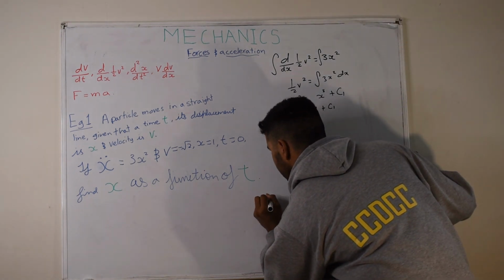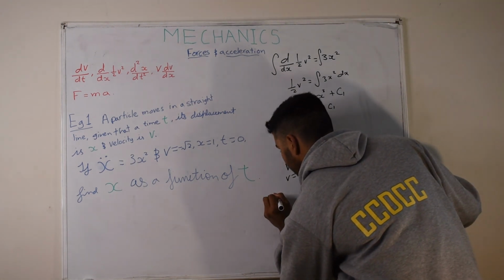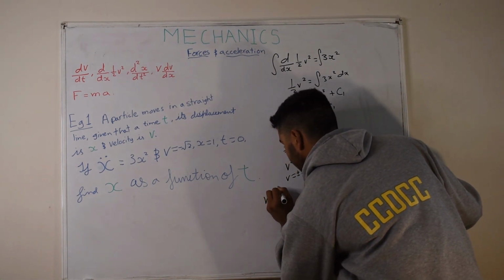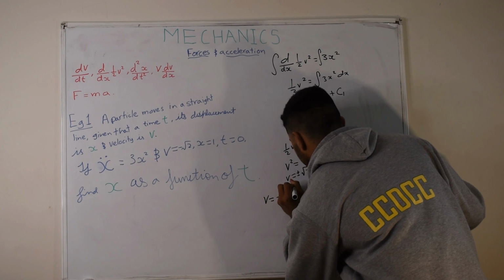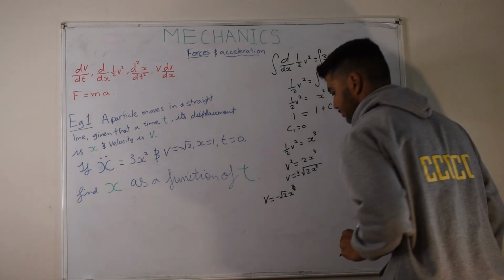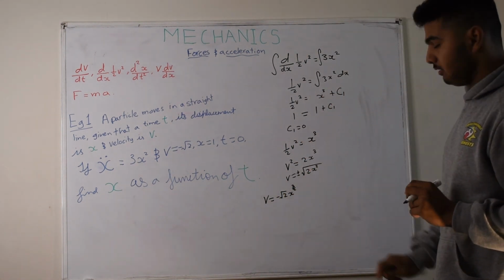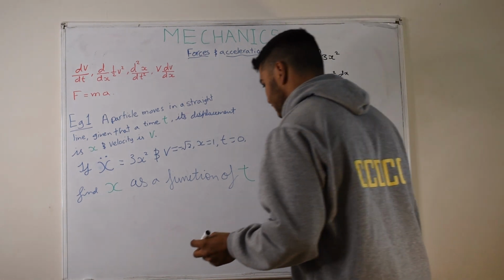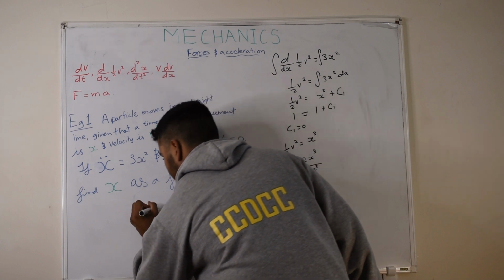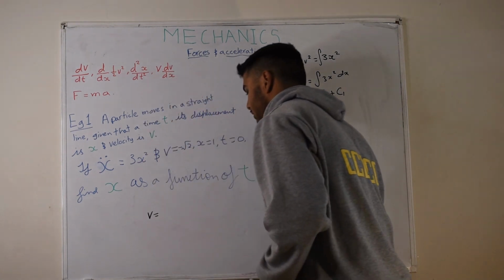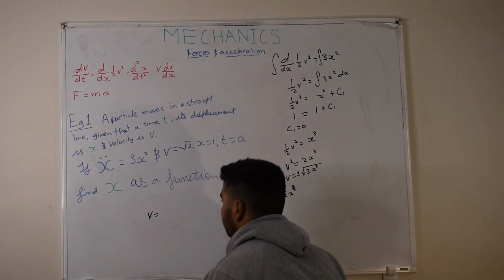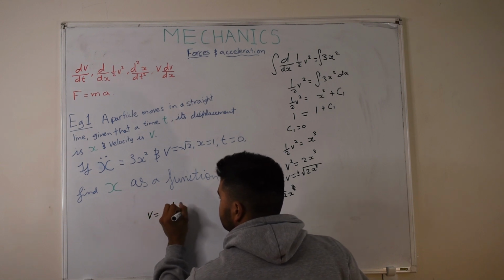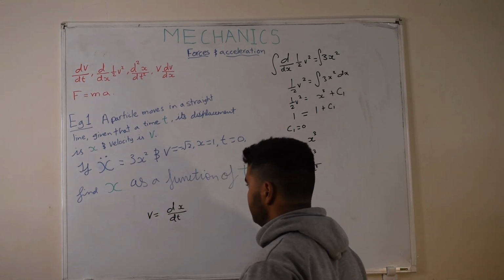So v then equals minus root 2 x to the power of 3 upon 2. Correct? You can write that as that way. What is v? v equals dx upon dt.